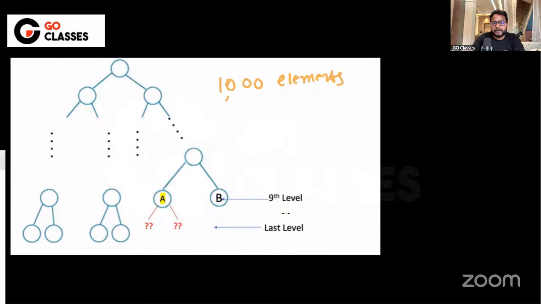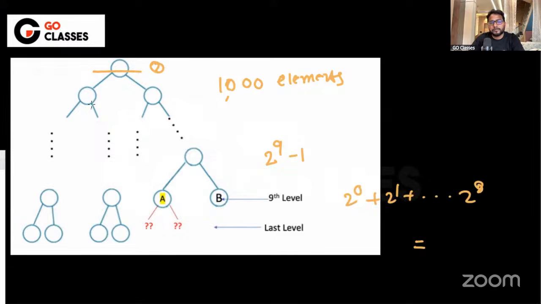I think the indexing here I'm doing for label 1. Let's suppose this is label 1, and this is the ninth level. So basically, you can say that it will be 2 power 9 minus 1. Or if it is level 0, it's 2 power 0 plus 2 power 1 till 2 power 8.